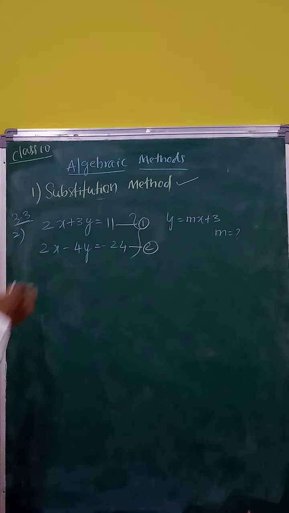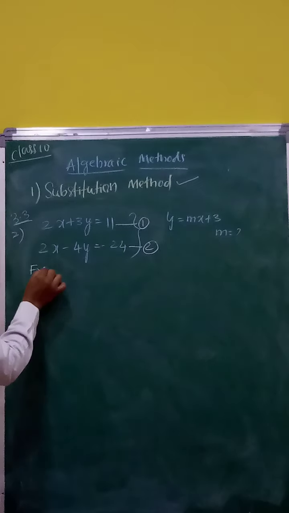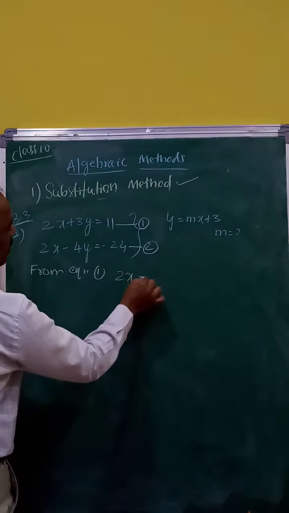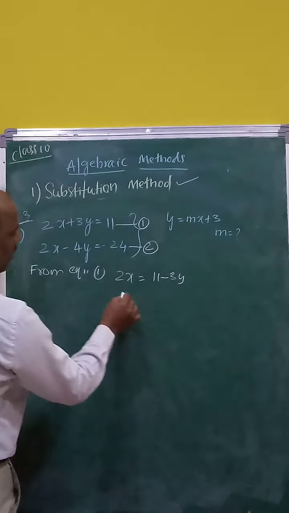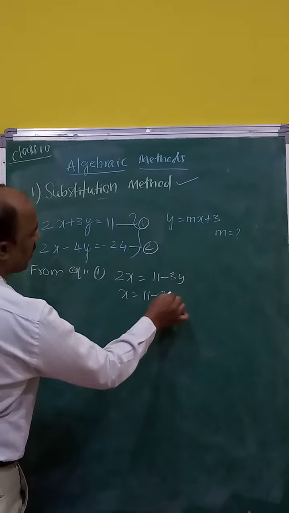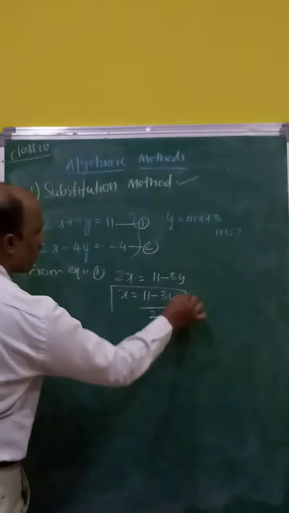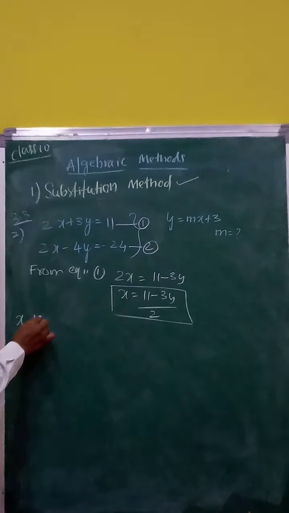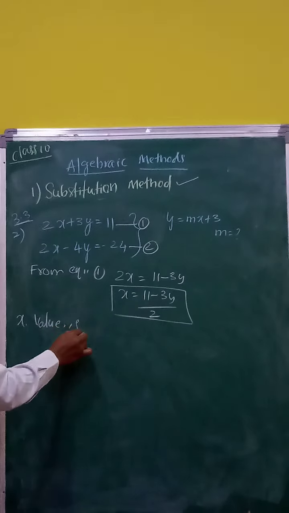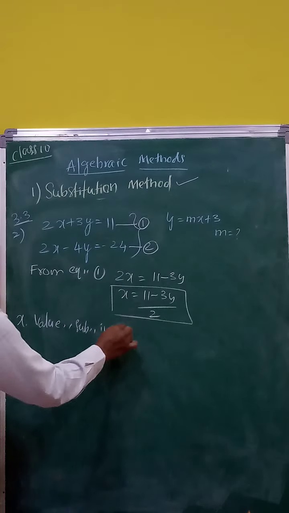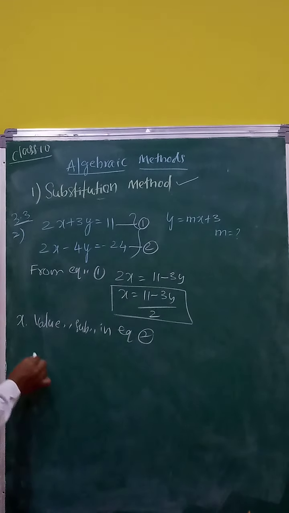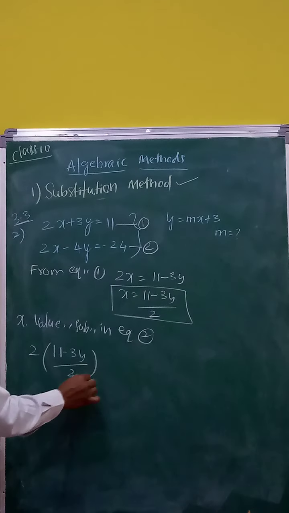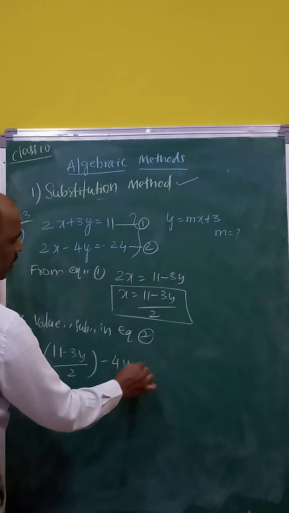Now I'll go for the first equation. From equation 1, find the x value. 2x is equal to 11 minus 3y, then x is equal to (11 minus 3y) by 2. This x value substitute in equation 2. 2 into (11 minus 3y) by 2 minus 4y, no change, is equal to minus 24.